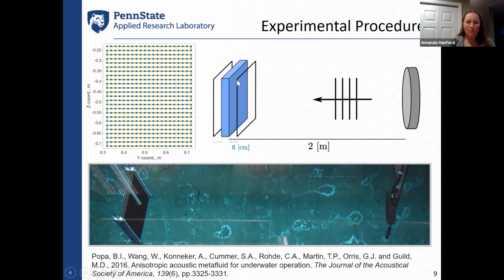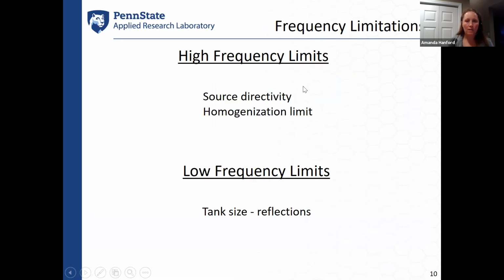These black boxes were measurement planes. We took measurements with a receiver hydrophone in front of the panel and in back of the panel to get reflection and transmission through this material, and we did that at all these single points. So that's one way we can get to some effective material properties.